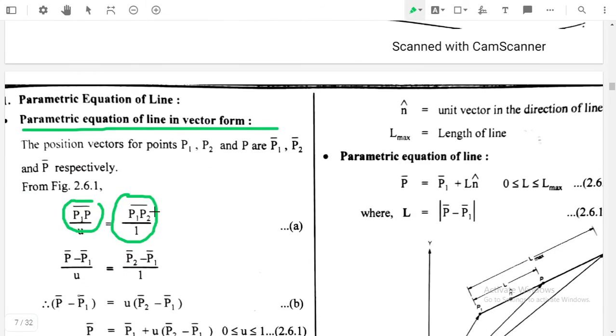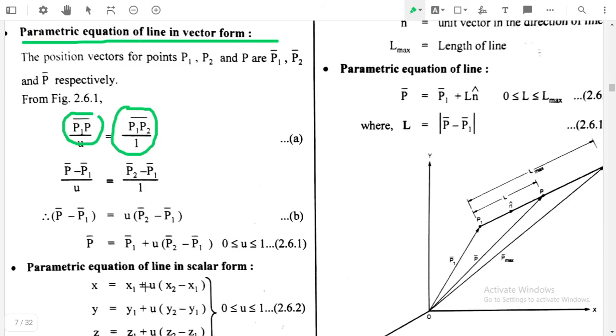That's why we have taken this. If we represent this as P bar minus P1 bar upon u is equal to P2 bar minus P1 bar upon 1, and rearrange it, we will get this equation.